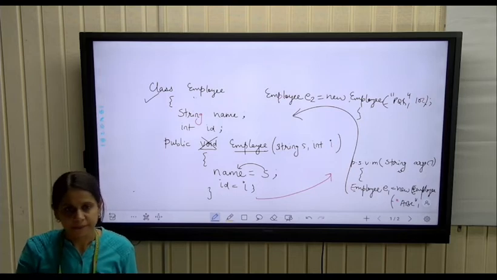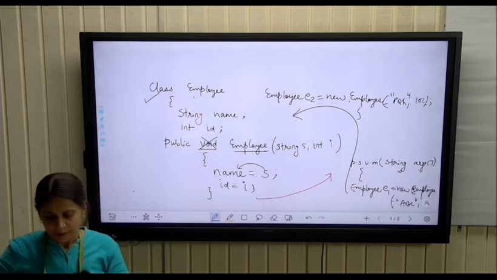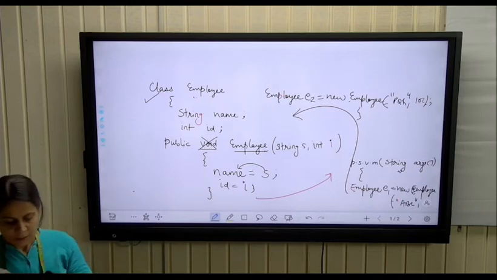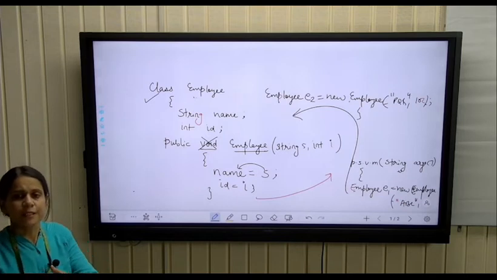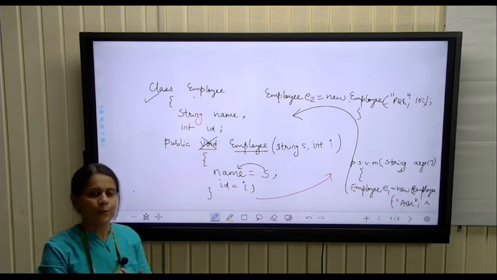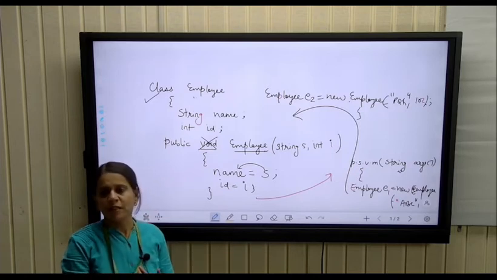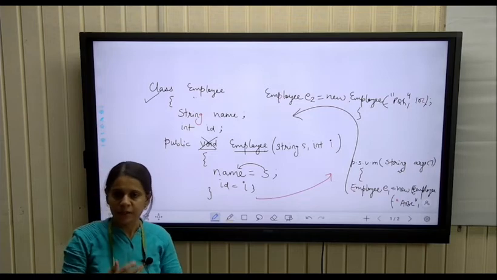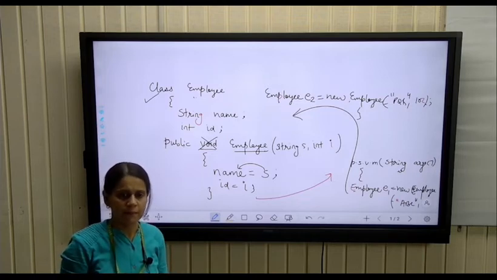Clear? Now next is, see, it is not necessary to write a constructor for a class because Java provides a default constructor. So there is no need to write a constructor every time.